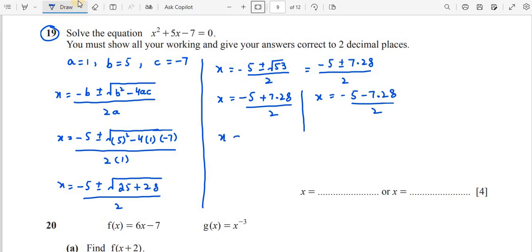So x is equal to 1.14, and also calculating the other, we get minus 6.14. So the first x is 1.14 and the second x is minus 6.14.